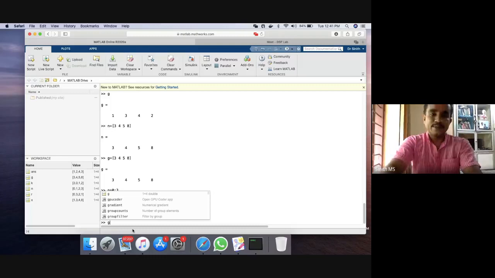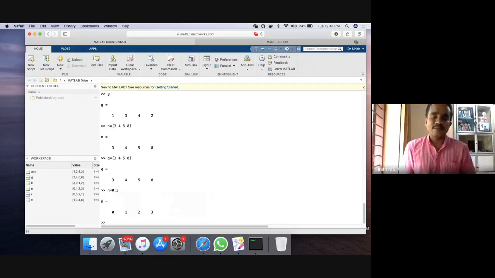The problem with our syntax is that by G equal to 3, 4, 5, 8, we mean G0 is 3 and G1 is 4, G2 is 5 and G3 is 8. But MATLAB doesn't take 0 as the index. Its index starts with 1. So basically 3 will be G of 1.